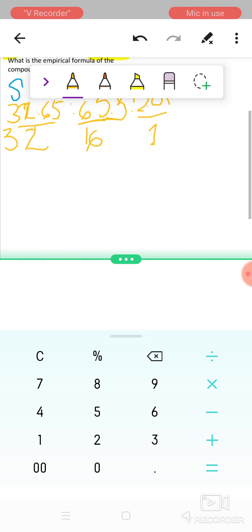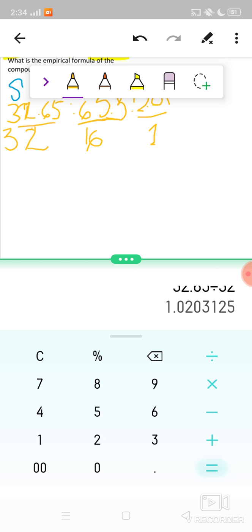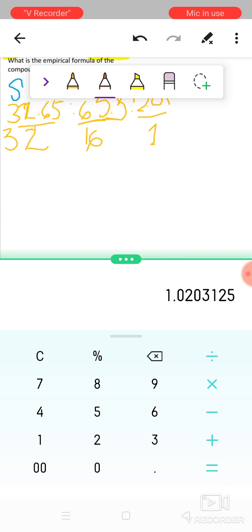Then we're going to solve it. I have the calculator with me. 32.65 divided by 32 is 1.02, which is almost 1, but we'll write it as 1.02. It's better to keep it to two decimal places so it's not very complicated but also precise at the same time.